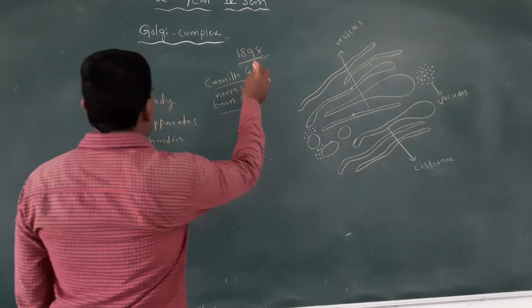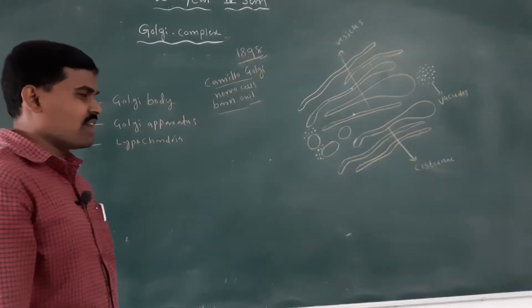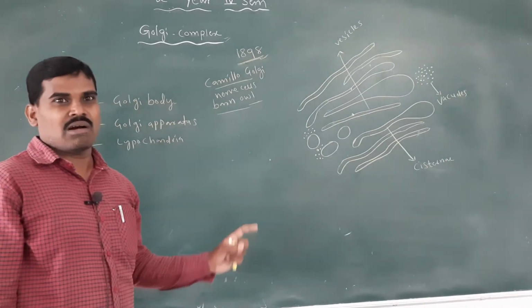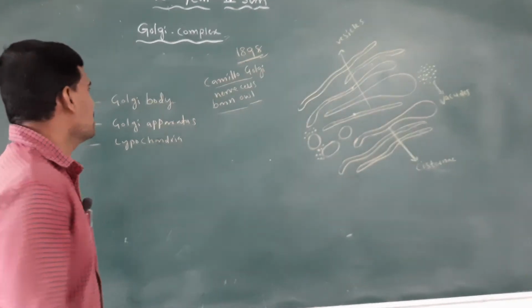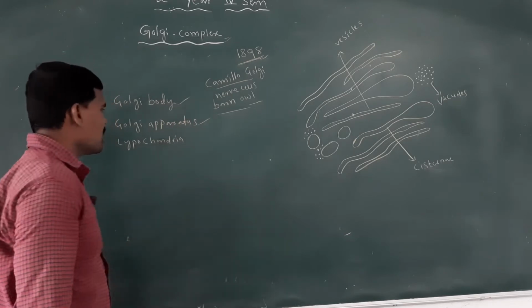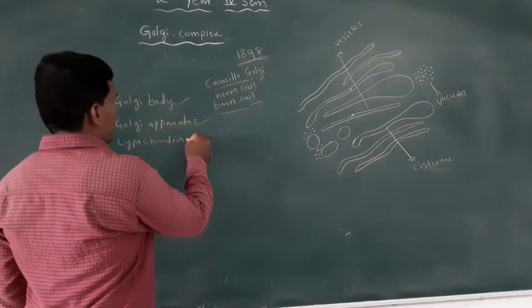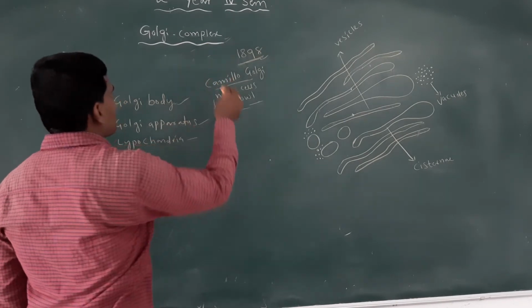The Golgi complex has various names, like Golgi body, Golgi apparatus, lipochondria, idiosomes, etc.